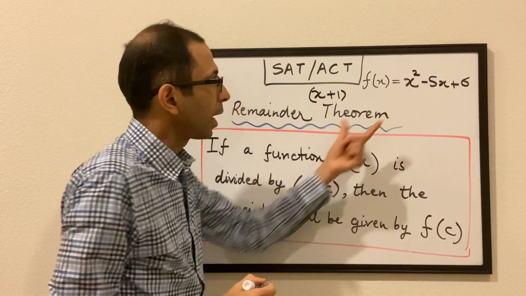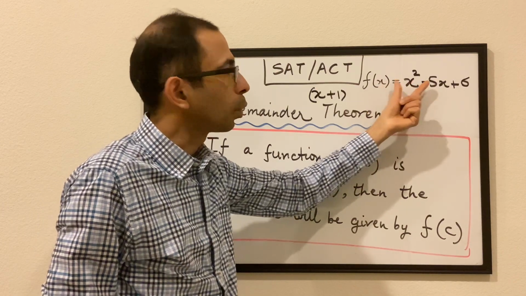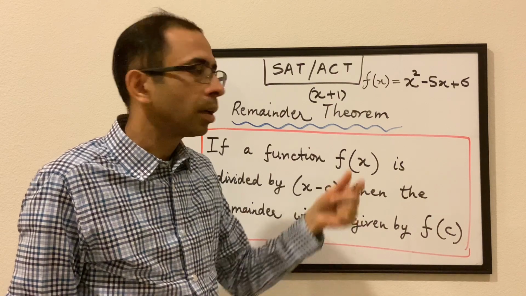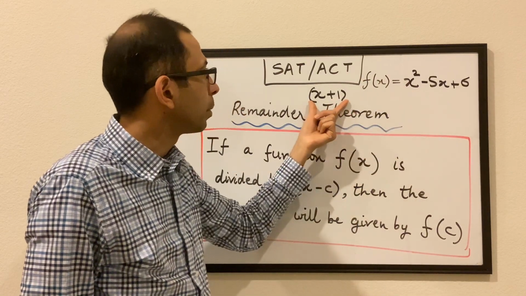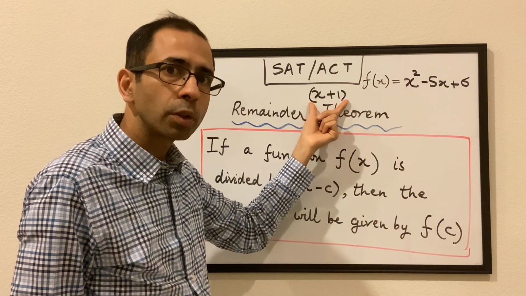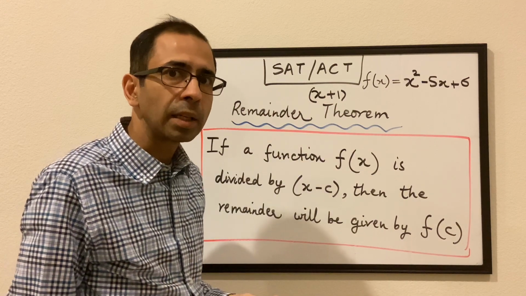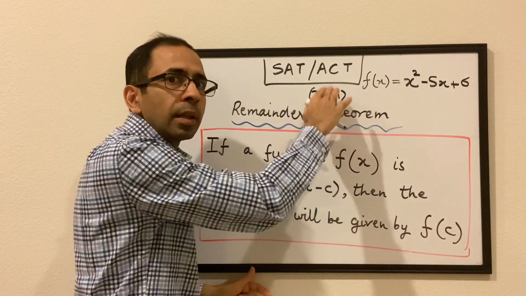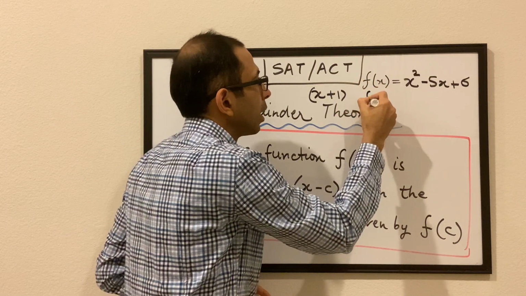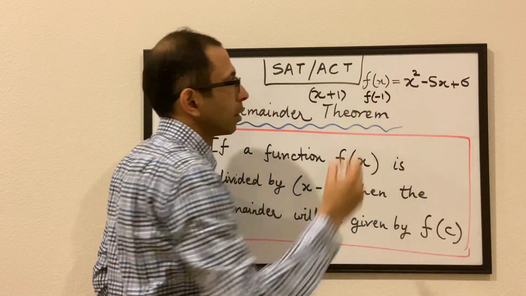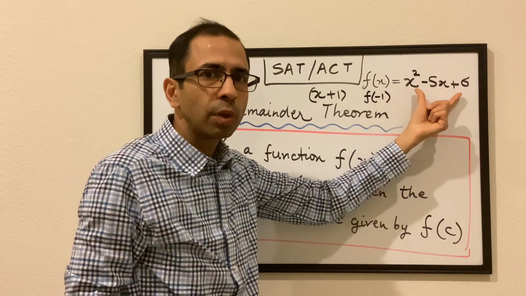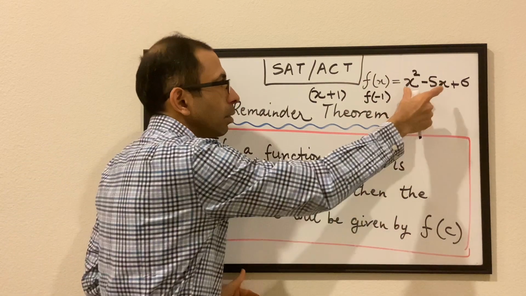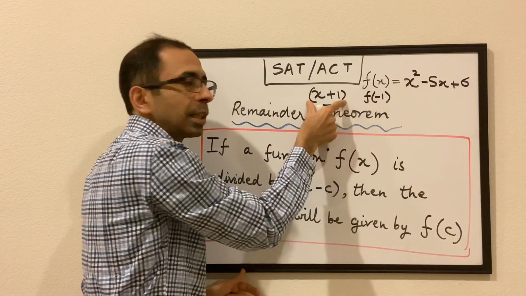What the remainder theorem is saying is that when we divide this function by x plus 1, the remainder would be given by f of minus 1. So we can find f of minus 1, and whatever we get will be the remainder when we divide this function by x plus 1.